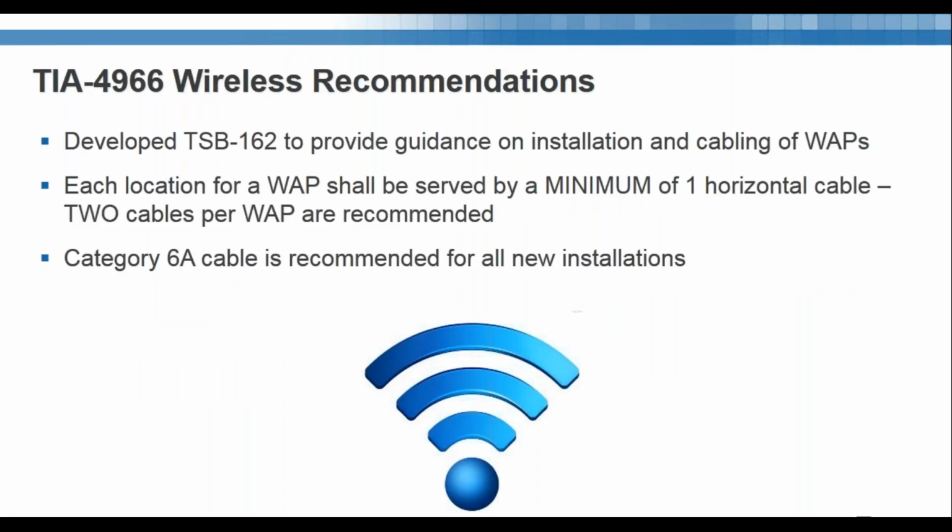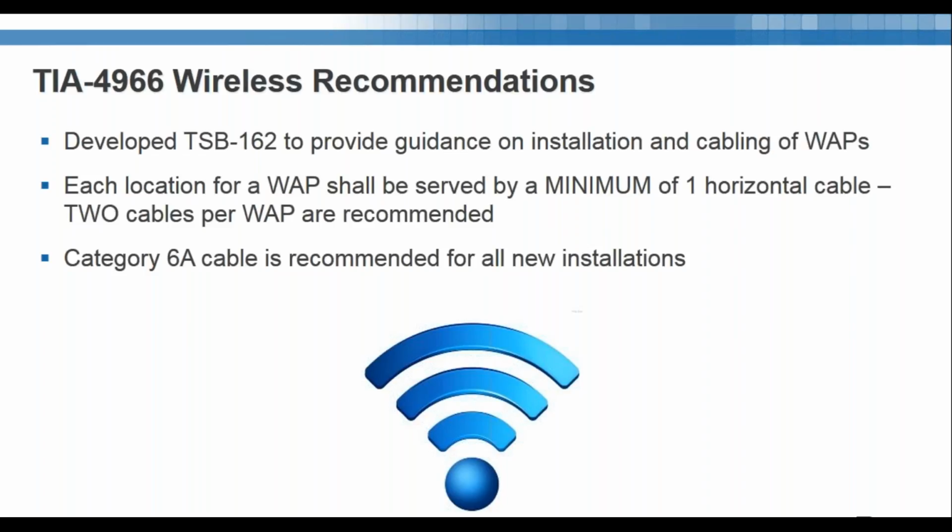So TIA 4966 is the education standard. These are their wireless recommendations. They have developed the Technical Service Bulletin 162 to provide guidance on installation and cabling of access points. The standard says that each location for an access point should be served by a minimum of 1 horizontal cable, and like I said, 2 cables per access point are recommended.